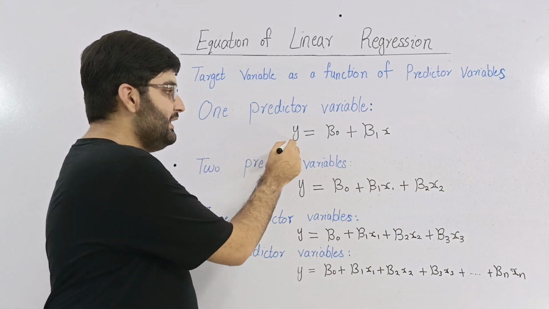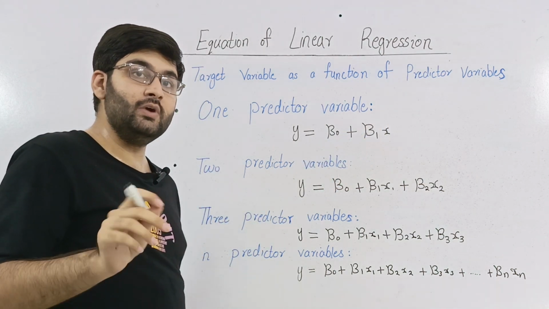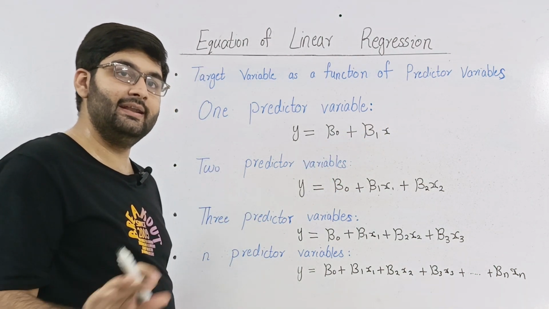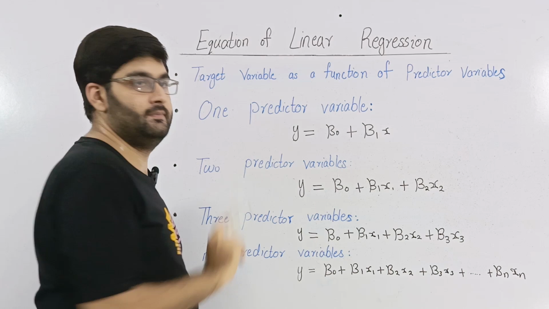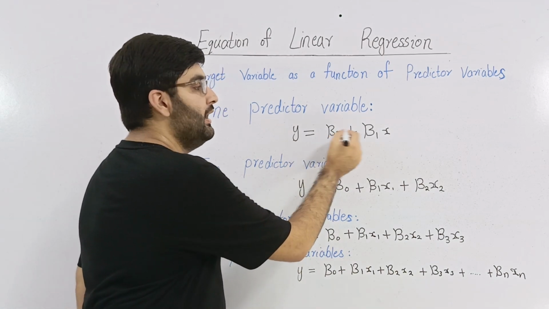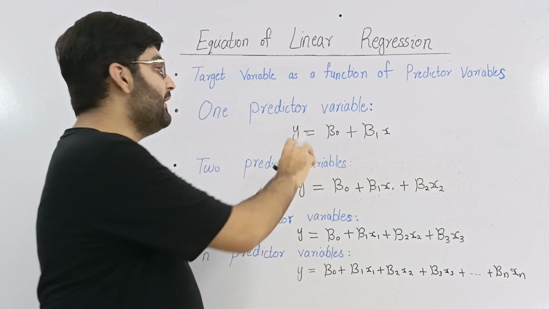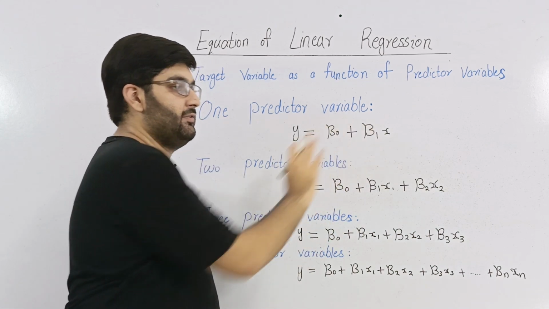This is the target variable and this is the predictor variable, and there are two additional constants added to make this equation. So if we know the values of beta 0 and beta 1, then we can predict y for any x.